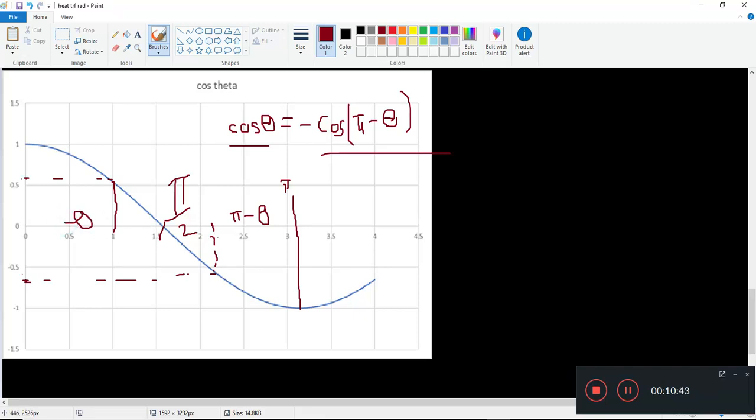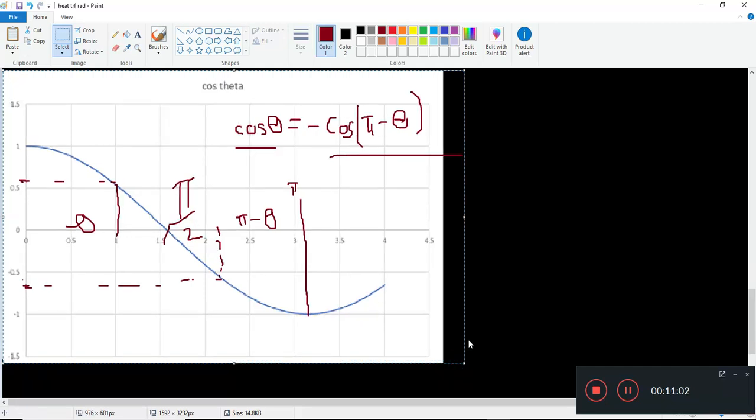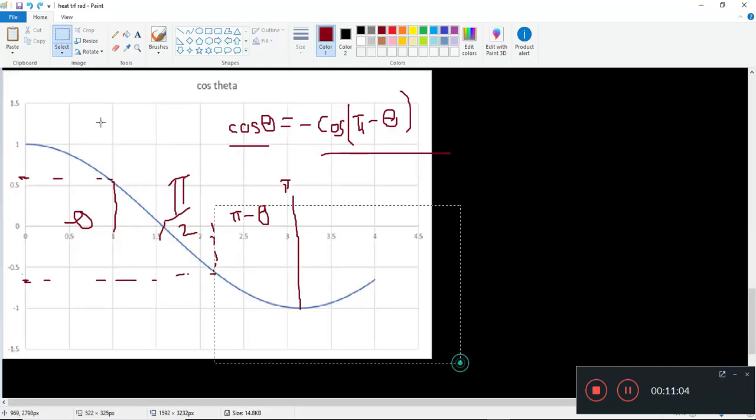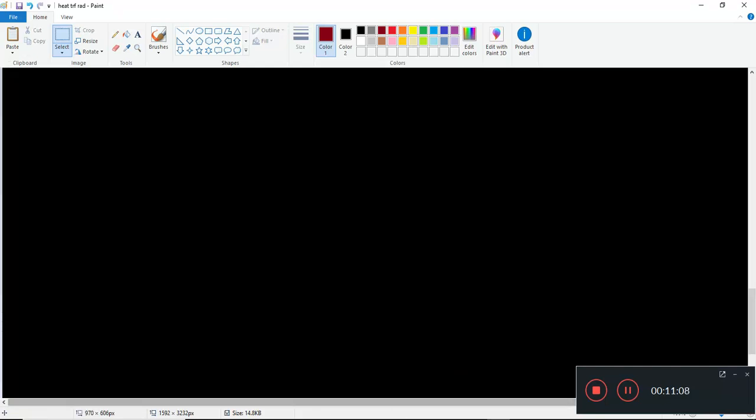So if theta equals 1, the cosine of pi minus theta is just the negative of cosine theta. This is just a little reminder for us, and the graph is there so that you can convince yourself that it is indeed the case. Since you have Excel, just use it.